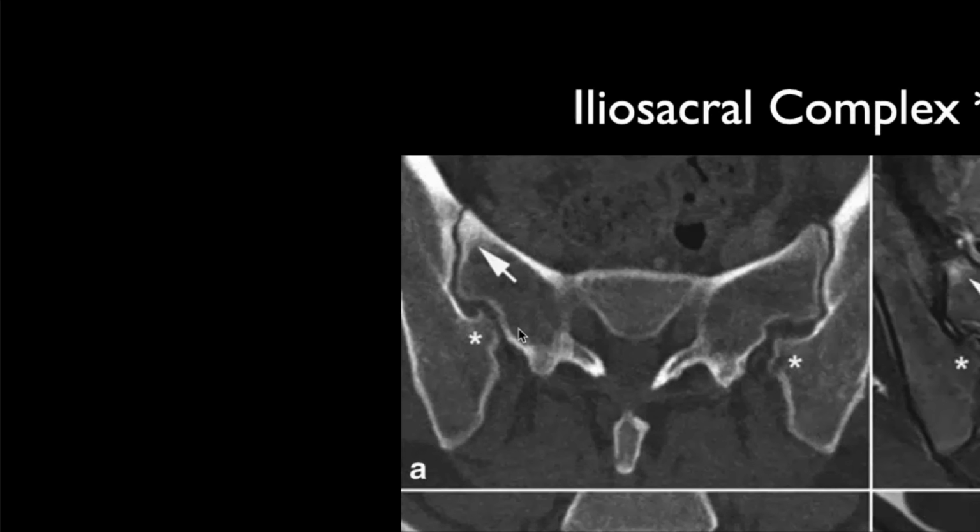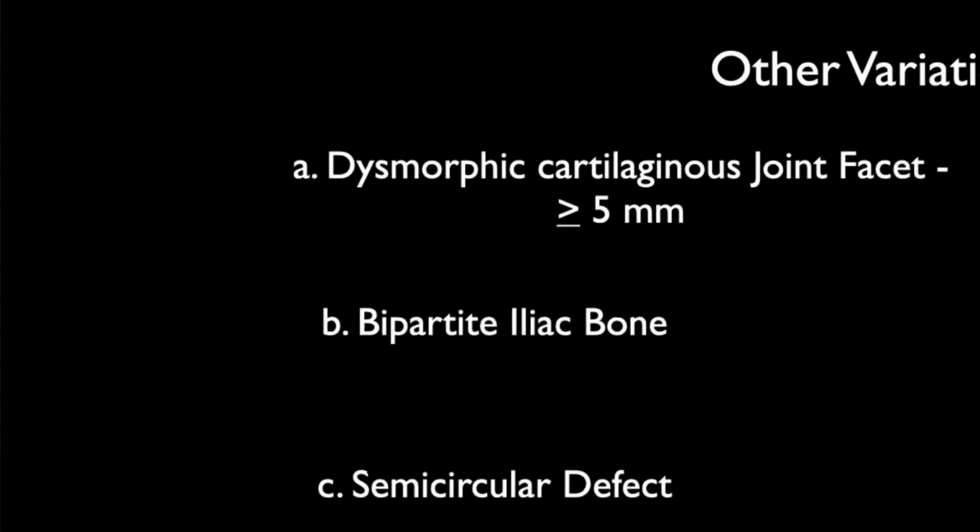You can get iliosacral complexes here, where you can get degenerative changes from an irregular joint space, and you get these horns on each side, which increases the risk of injury during motion and can be a problem. And then you can get another list of abnormal shapes of the sacroiliac joints. You get what's called a bipartite bone, where you have these little horns down inferiorly.